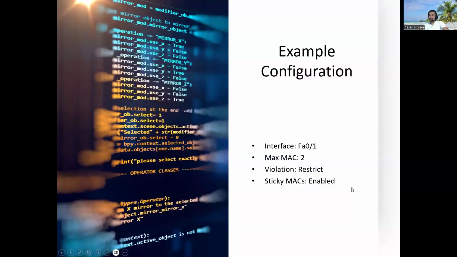What is another example of the configuration? Here we have it. The interface Fa0/1 has a maximum of two MAC addresses. The violation mode that we currently have is restrict for this specific mode, and sticky MACs are enabled.